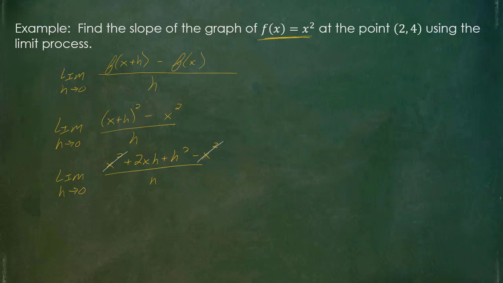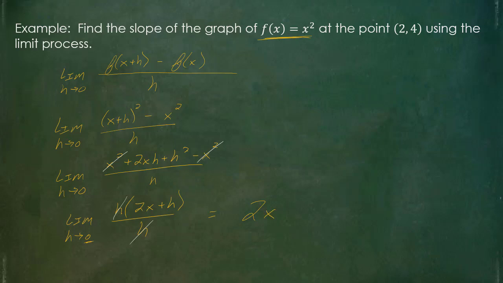And now at this point we can factor out the h from the numerator. So it would now be the limit as h approaches 0 of h times, and then 2x plus h would be left if I factored that h out. And what's nice now is those h values can divide to equal 1. And then now I can go ahead and apply this limit as h is going to 0. Plug that in, and that would give me 2x.